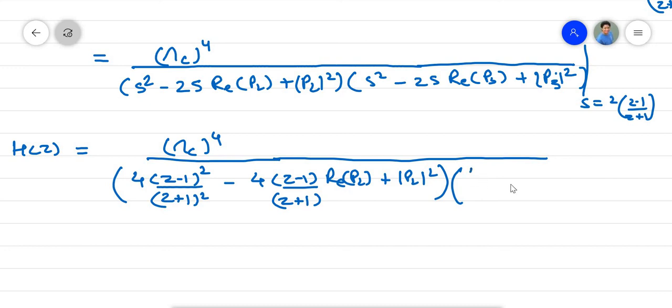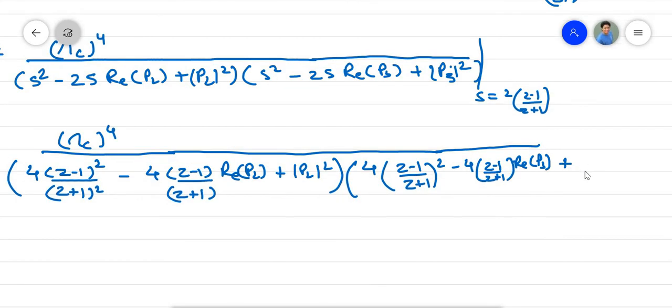Similarly, 4 ((z minus 1)/(z plus 1)) square minus 4 ((z minus 1)/(z plus 1)) real part of P3 plus mod of P3 square.